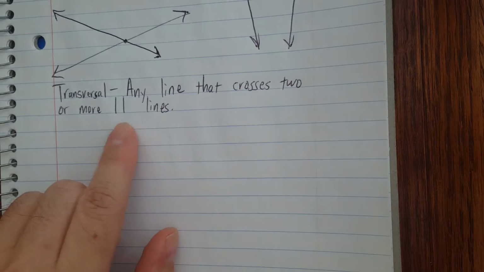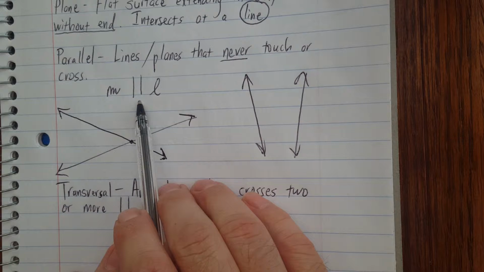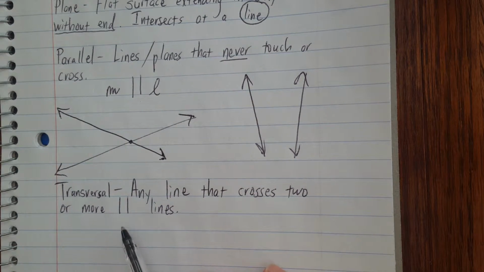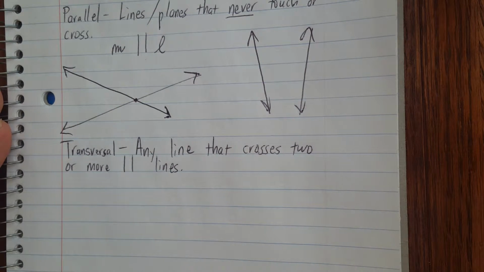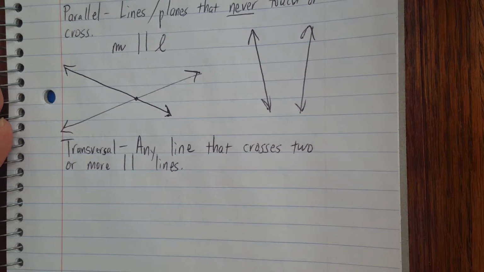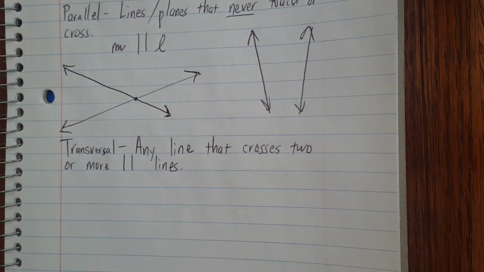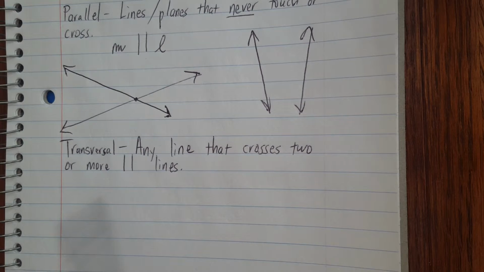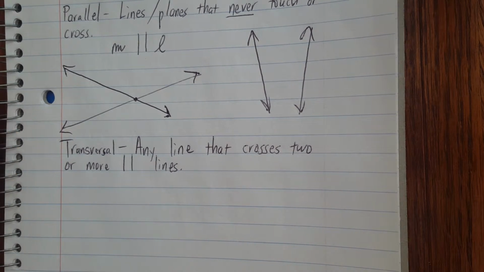Now, when I taught, I would actually introduce the symbol because the books will use them, and then I'll use it and say it kind of like in English so you can see what it means. Transversal: any line at all that crosses two or more parallel lines. That ends up being really important in geometry because, as you'll see in the next video or in another video, you have a lot of different angle relationships that end up forming when you have a line or a couple of lines or even a group of lines cut or sliced up by a transversal.